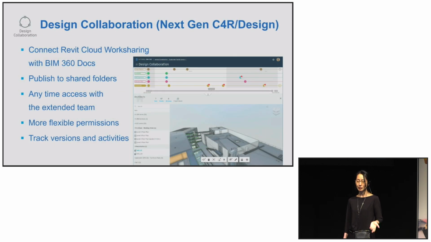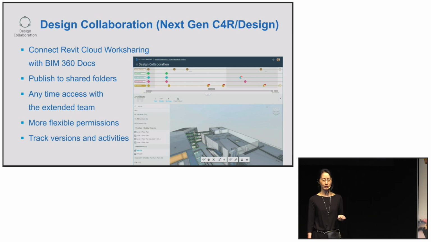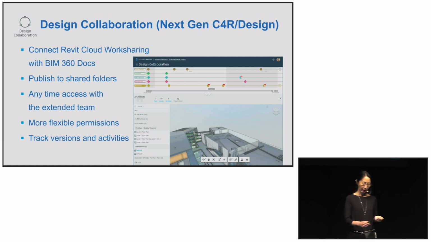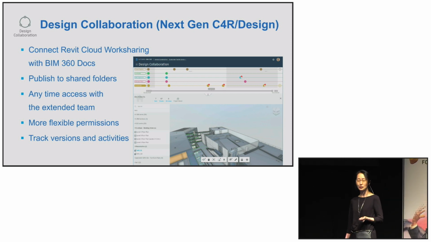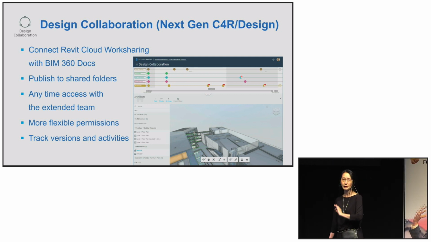This one is the next generation of C4R, or Collaboration for Revit, which we also call BIM360 Design. It connects Revit cloud worksharing with BIM360 Docs and published shared folders. It also handles packaging and Revit-specific features.